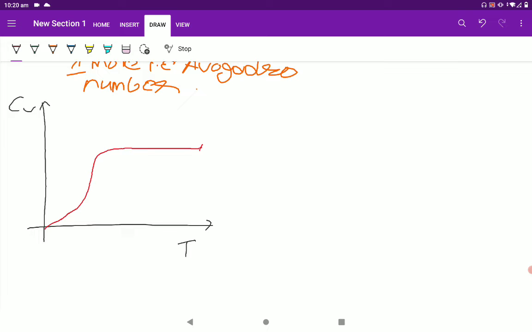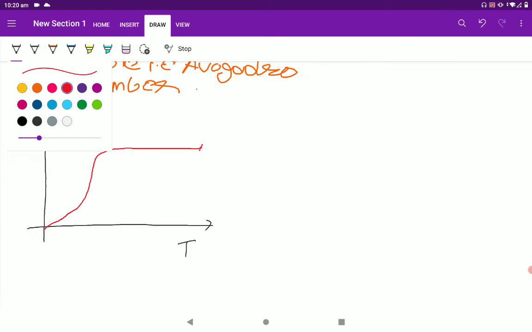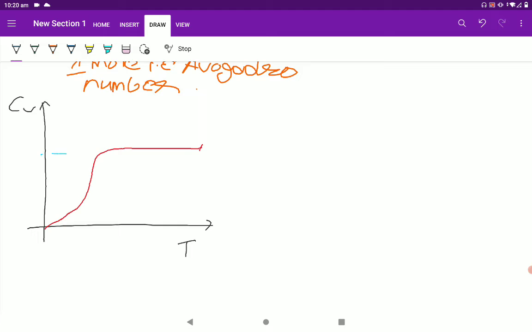At high temperature, this is 3R. Basically, the Dulong-Petit model explains this constant region. So this region is explained by the Dulong-Petit model.